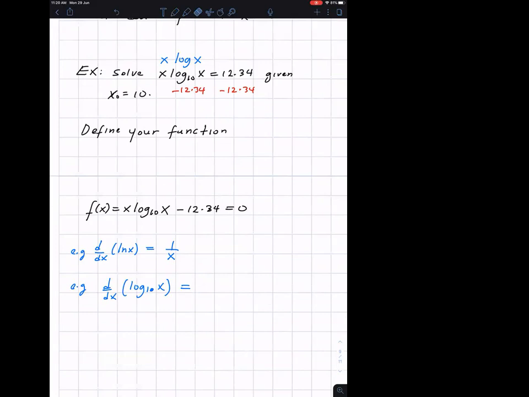So log base b of x is 1 over natural log b multiplied by x. Do you guys agree with this?